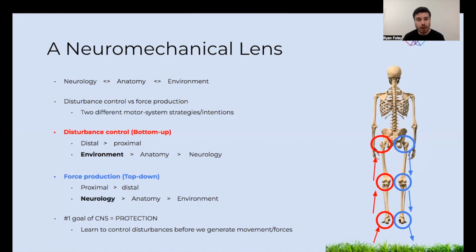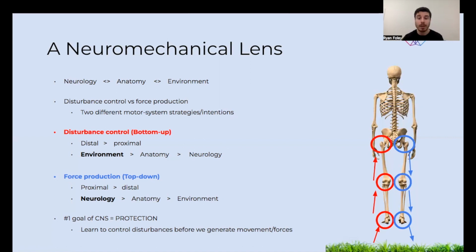Okay, now there's nothing wrong with these two different behaviors or strategies, because there are lots of scenarios where we would need to overcome forces and express more muscle activity to lift heavy loads. But the problems emerge when we're using force production or proximal to distal dominant strategies to manage forces, when we should be using more of a disturbance control or distal to proximal dominant strategy.